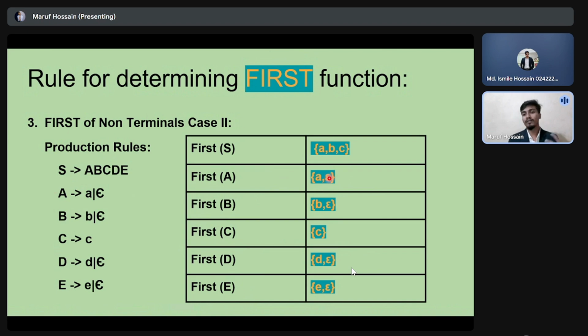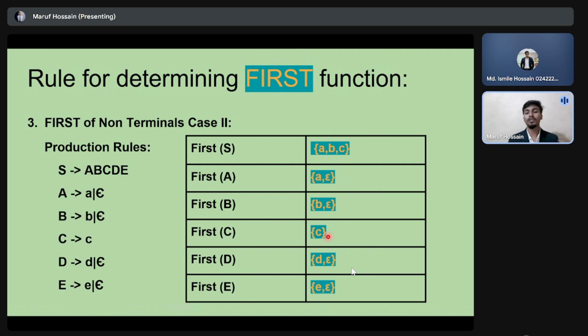So when a first set contains epsilon, then it moves to the next symbol. For this case, which is B, the first set of B is small b and epsilon, which also contains epsilon. That means we have to move to the next symbol, which is C. And in this case, we see the first of C is only small c, and it does not contain epsilon.